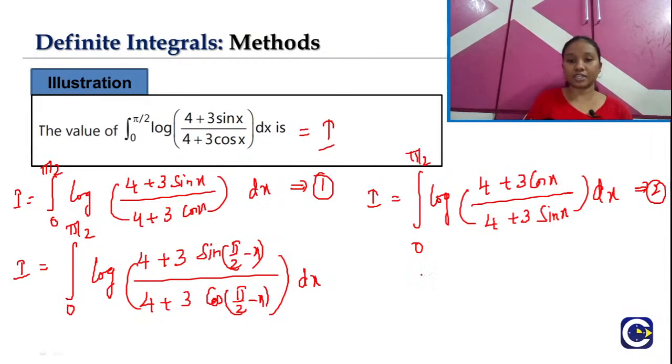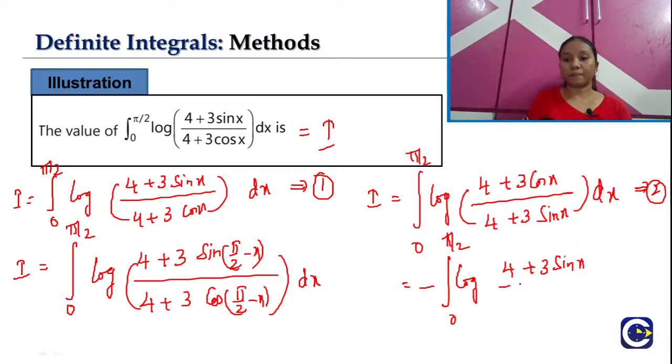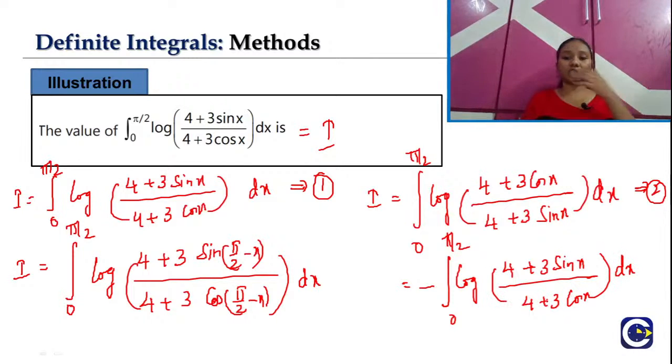So this can be rewritten as minus of integration 0 to pi by 2 log, I am just changing the numerator and the denominator, that is (4 plus 3 sin x) by (4 plus 3 cos x) into dx. Right, so this is also I, so let this be equation 3. So my equation 3 is also I and equation 1 is also I. So now I am going to add 1 and 3.